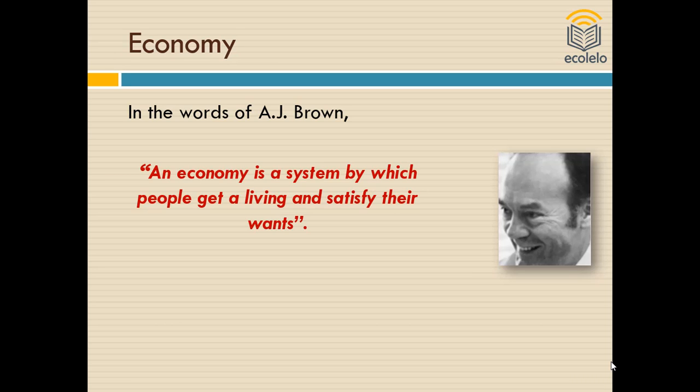It's to satisfy their wants. Now, various economists have given various definitions of economics. It depends in which context you are talking. So you don't really need to learn all the definitions, but yes, a few famous ones you should learn. I advise you to learn them.